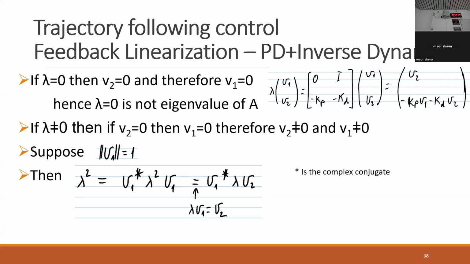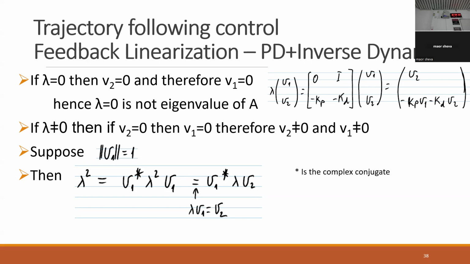Then lambda squared is, how do I get there?